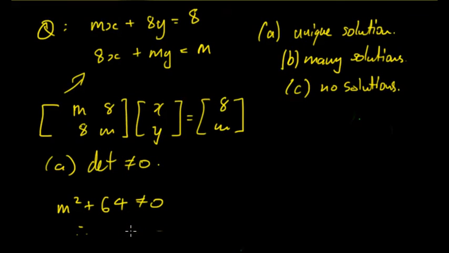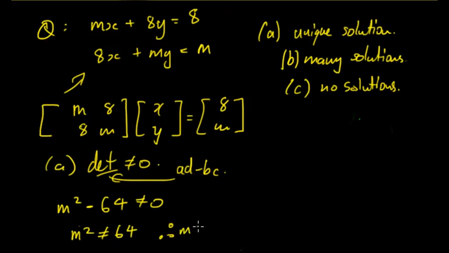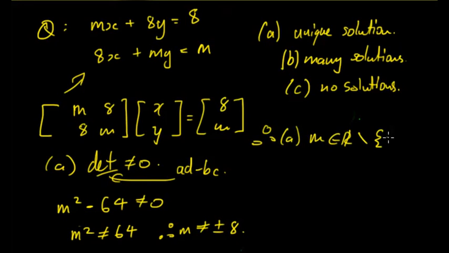The determinant is equal to AD minus BC, so it's a minus there, so it's going to be minus 64. So m squared cannot equal 64. Therefore, m cannot equal plus or minus 8. So for a unique solution, m can be any real value apart from negative 8 and 8.